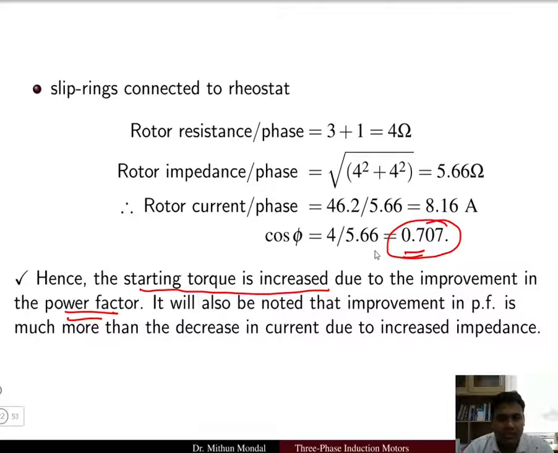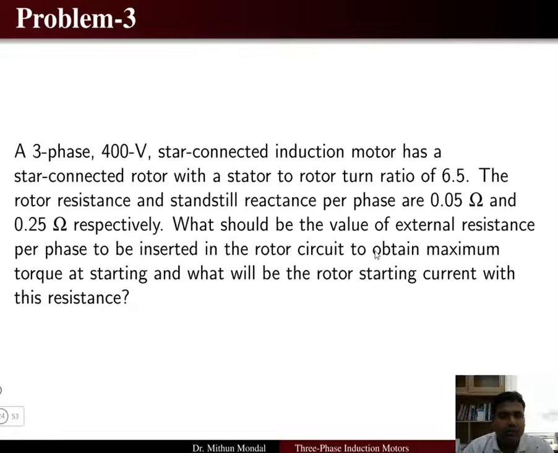The third problem: you have a 3-phase 400 volt star connected induction motor with a star connected rotor, with a stator to rotor turns ratio given as 6.5.